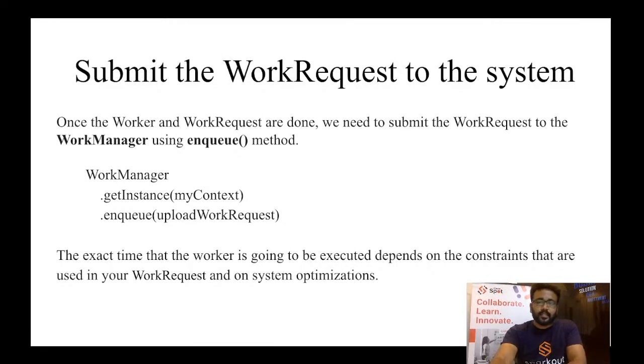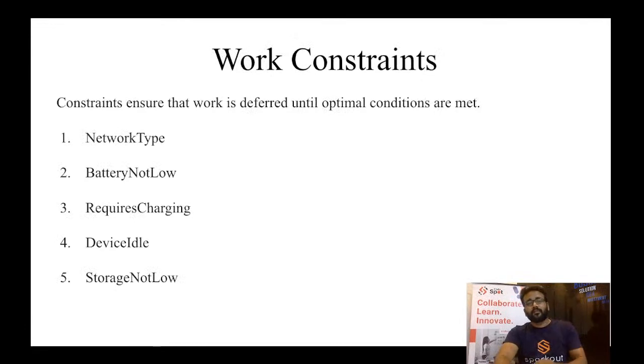Work constraints. Here I have mentioned a few work constraints that we can set before executing the work. A few work constraints are network type. Network type is nothing but that before execution of the work, the network should be connected, something like that. And battery not low, which is a boolean function.